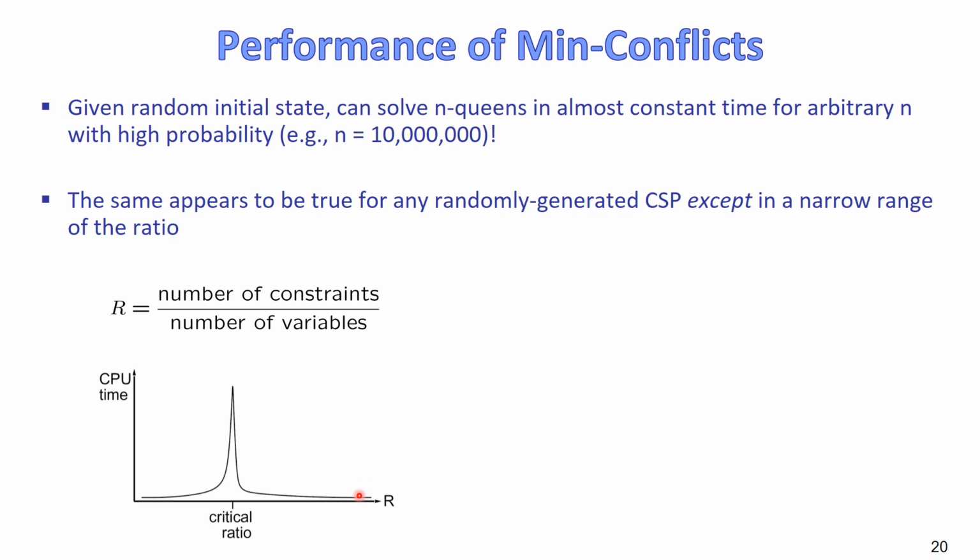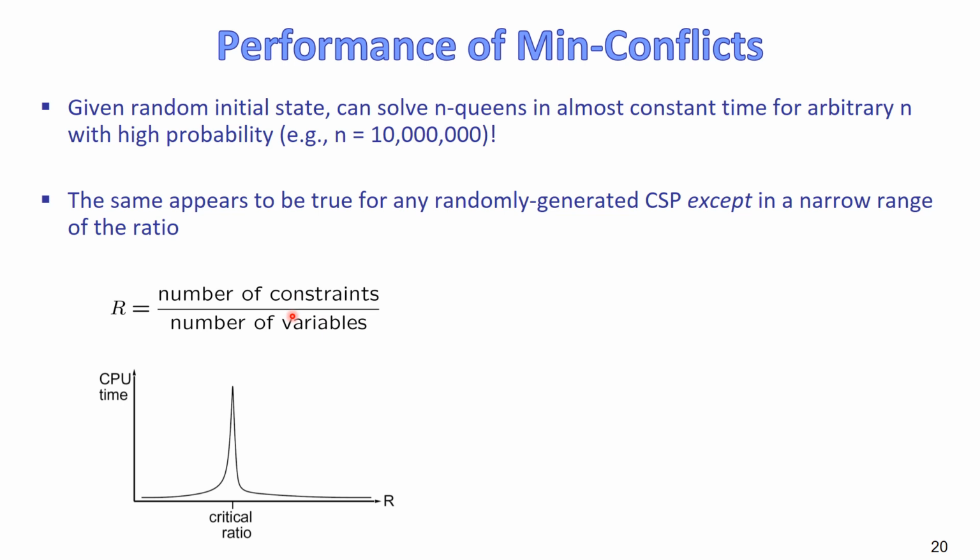On the other extreme, if R is very large, which means that we have so many constraints but few variables, then we will work with few possible values for the variables, and again we can reach a solution quickly. The problematic area is what we call the critical ratio, when this ratio is not very small and not very big.